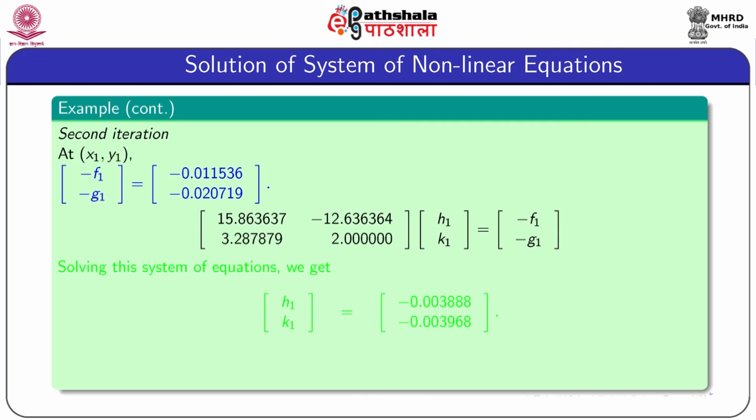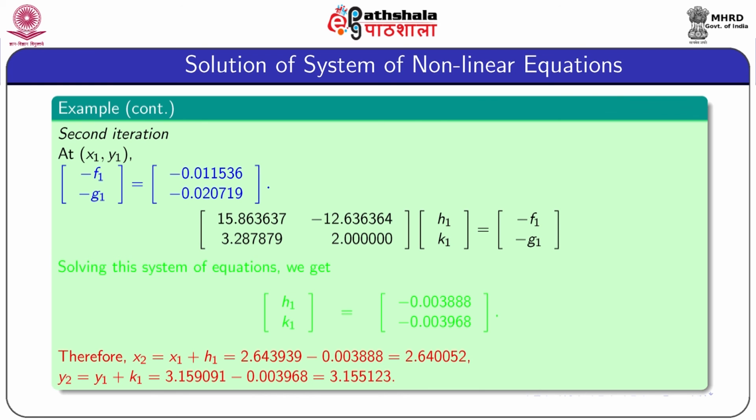Solving this system of equations, we get h1 = −0.003888 and k1 = −0.003968. Thus, the second approximate value of x, x2, is 2.640052, and the second approximate value of y is 3.155123.